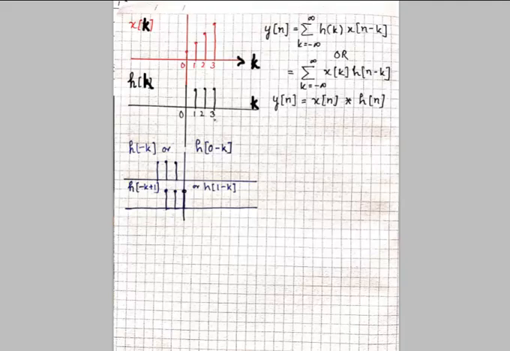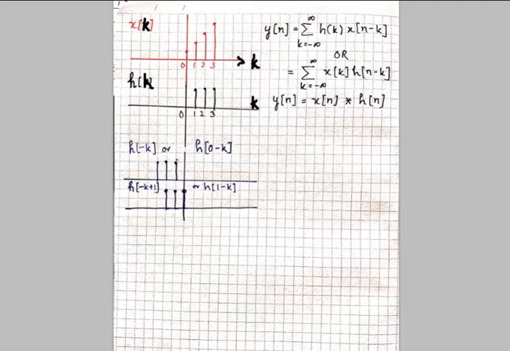What we have on the k axis will now appear on the minus k axis. So this is the time flip signal. And by the way, h of minus k is also h of 0 minus k, so you're not shifting the signal once you have inverted it.